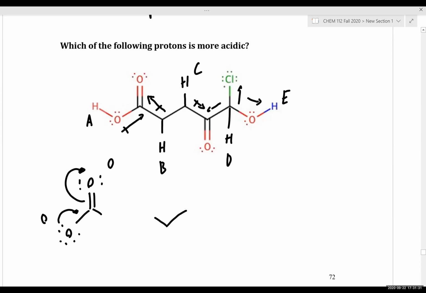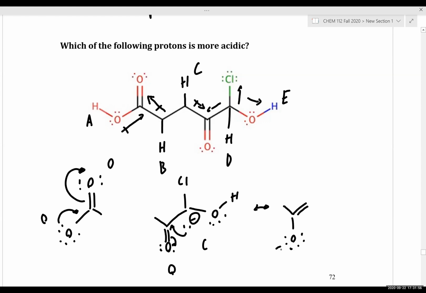Proton D looks pretty suspicious to me because it has some pretty monstrous inductive effects. However, if we think about our resonance effects, for proton D, we're able to delocalize our electron density over an oxygen and a carbon atom.